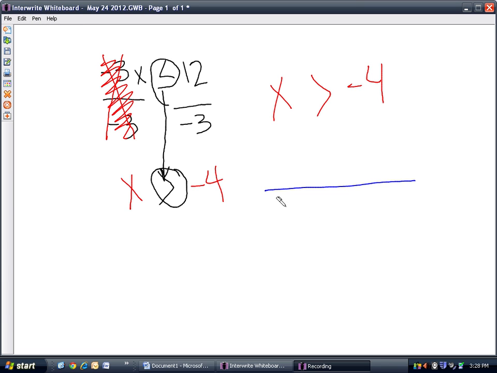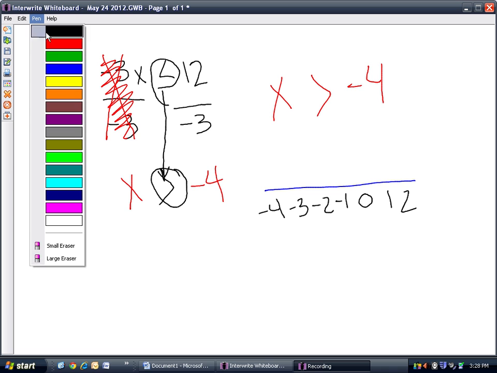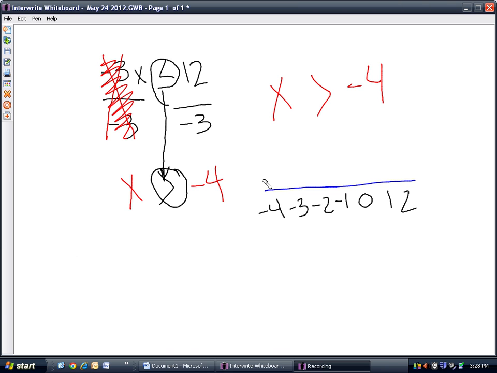The dot is open because there's no line under the inequality. Therefore, negative 4 is not equal to x, so the dot is open. If negative 4 and x were able to be equal, the dot would be closed, like so. That is when your inequality looks like this.